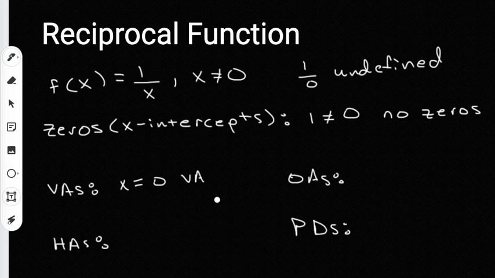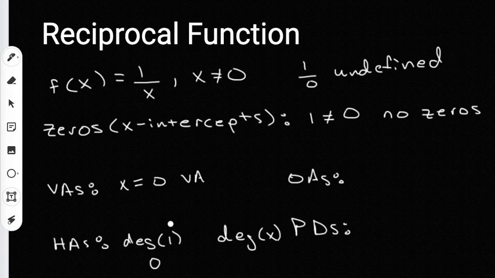Moving right along, we reach horizontal asymptotes. We want to compare the top degree and the bottom degree. So what's the degree of 1, which is the top, and what is the degree of the bottom, which is x? Well, we know that the degree of any real number is going to be 0. We're really looking at the highest exponent, and since there are no x's, there's not going to be any exponents.